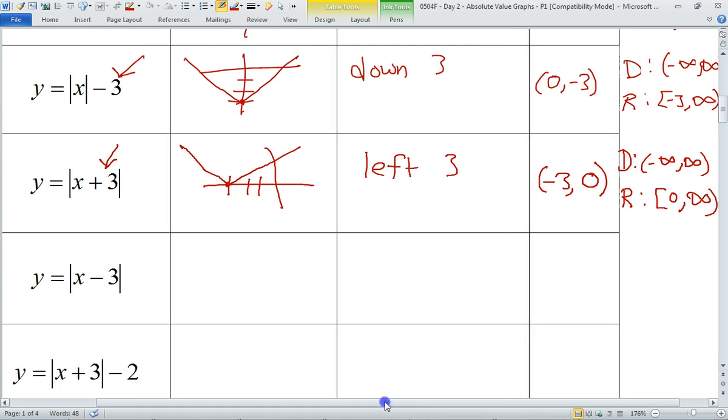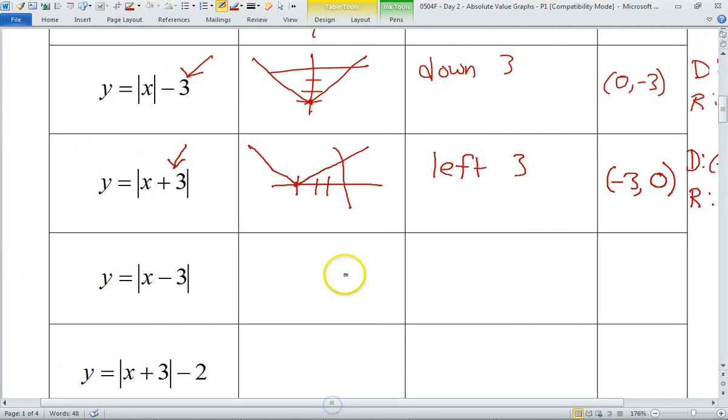Okay. That brings me to Mr. Gaines, my friend. What's going to happen when I do this, brother? Well, is it going to move up, down, left, or right? It's going to move to the right by 3. Okay, so compared with the parent function, the transformation is right 3.